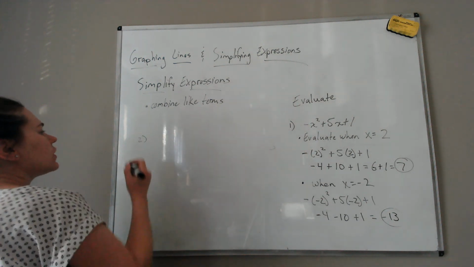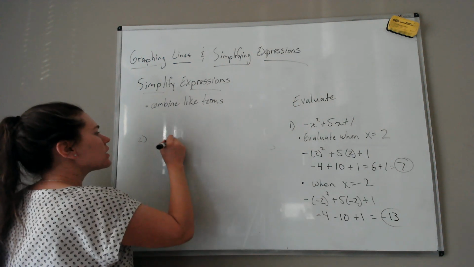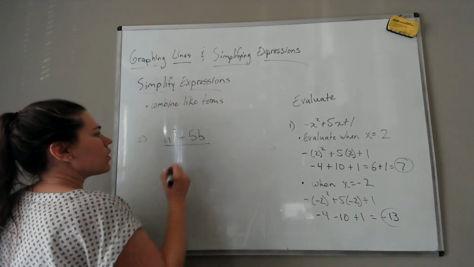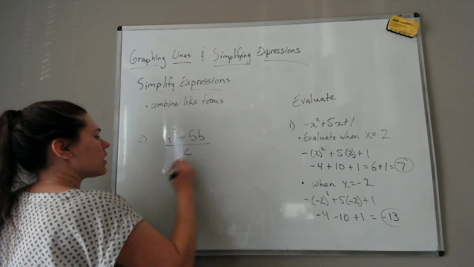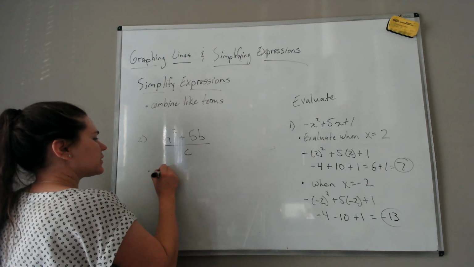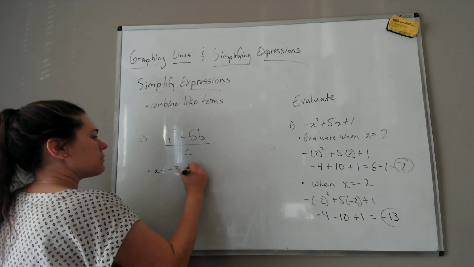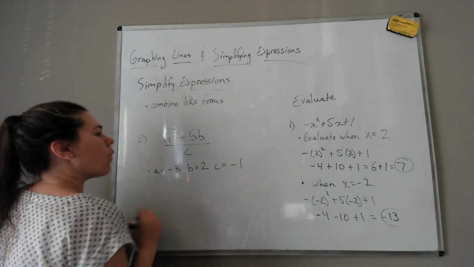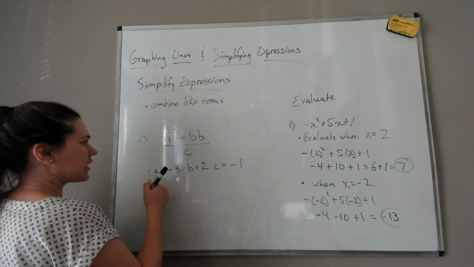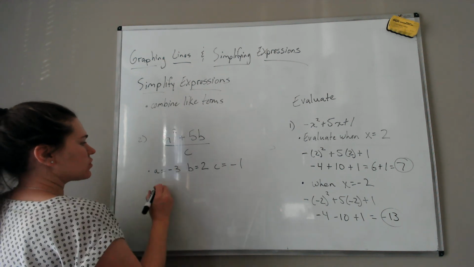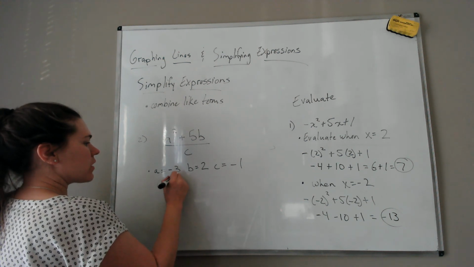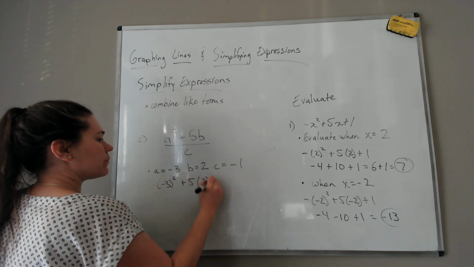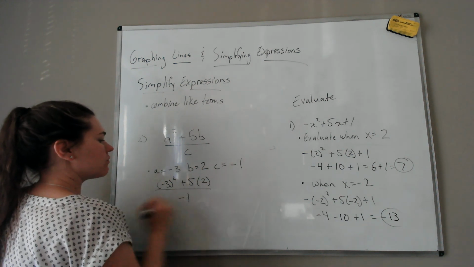Number 2, let's do a squared plus 5b over c. When a is negative 3, b is 2, and c is negative 1. Okay, so we're going to plug it in. So we're taking negative 3 and squaring it, right? So negative 3 squared plus 5 times b, which is 2, all over c, which is negative 1.